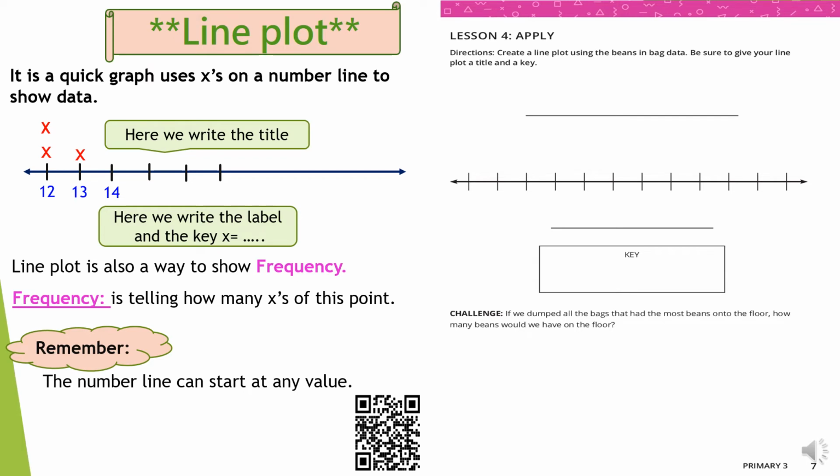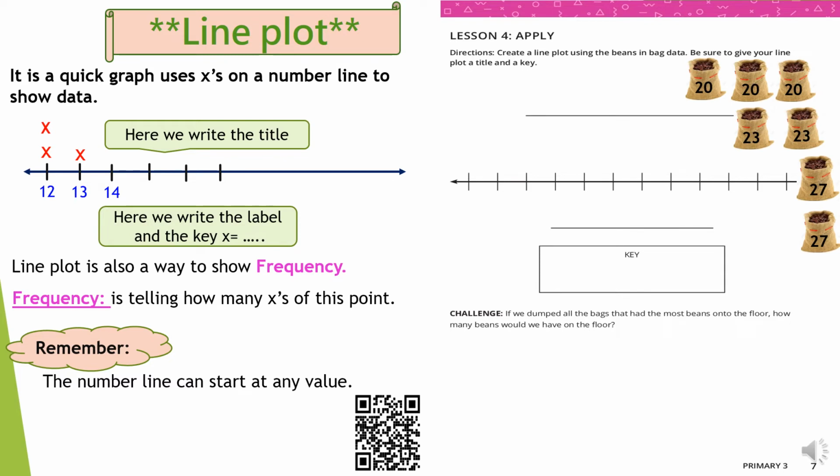Here in lesson 4, let's apply this in our math book. Create a line plot using the beans in bags data. Be sure to give your line plot a title and a key. Here we have bags of beans.